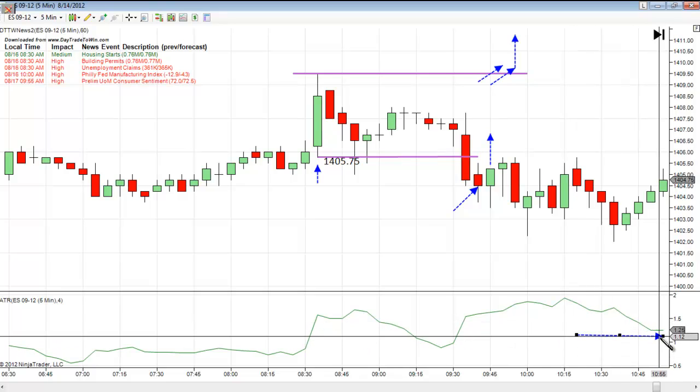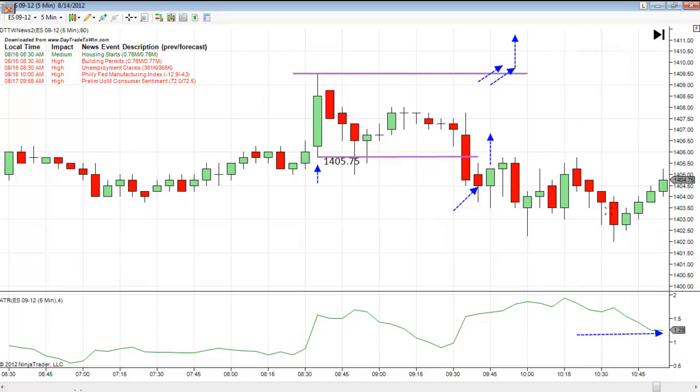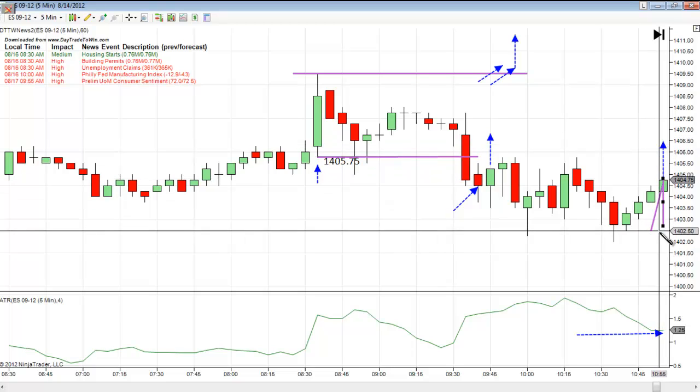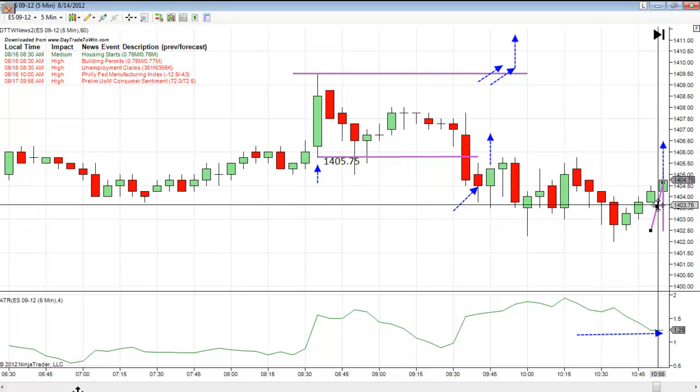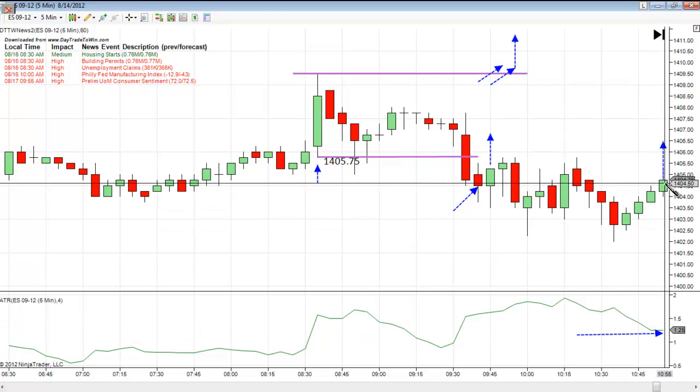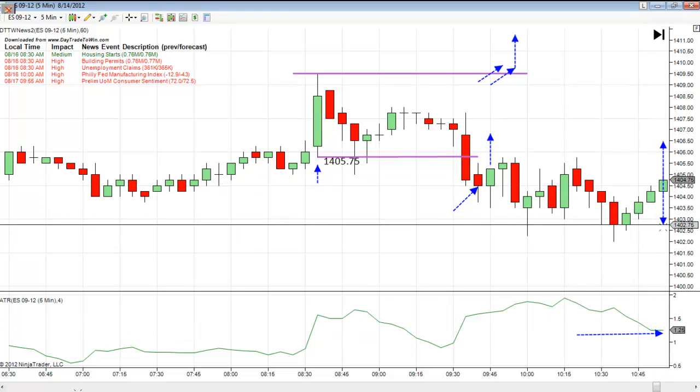This is 1 1/4. If you enter the market right here, short or long, it doesn't matter, the likelihood of this going up 1 1/4 or down 1 1/4 is going to happen. So if you have a stop that is 1 1/4, your stop is too tight based on the current conditions.